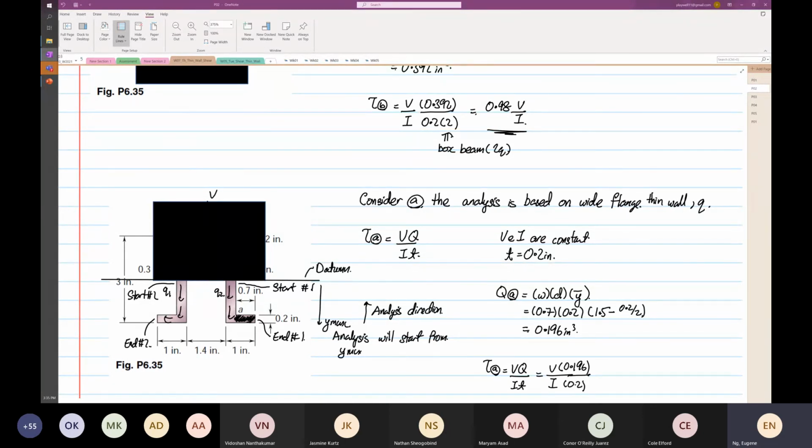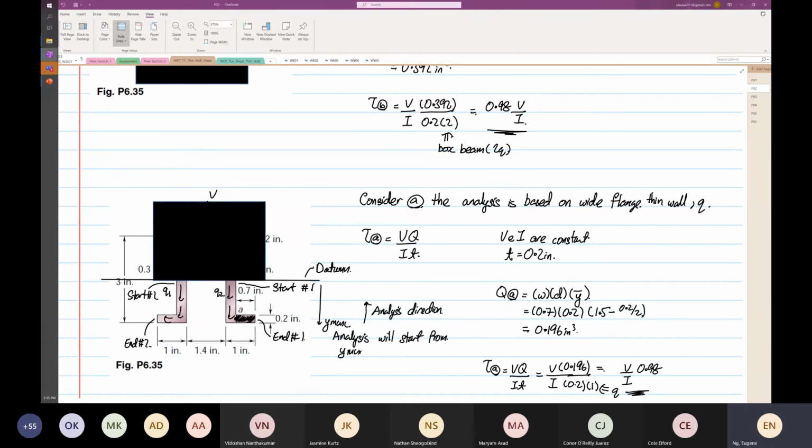You don't need to write this, but I'll write it out. Down here I'll multiply by 1, because Q is 1Q, yes or no? It's just Q. It's not 2Q. That's why it's 1. So this will be equal to 0.196 divided by 2 divided by 1, so it's equal to V over I times 0.98.